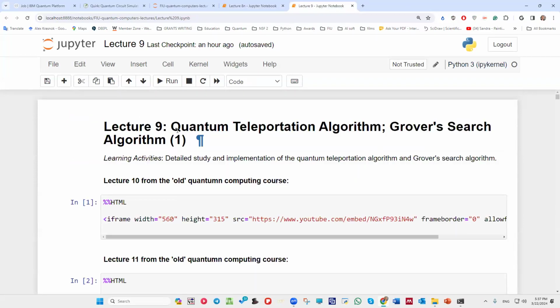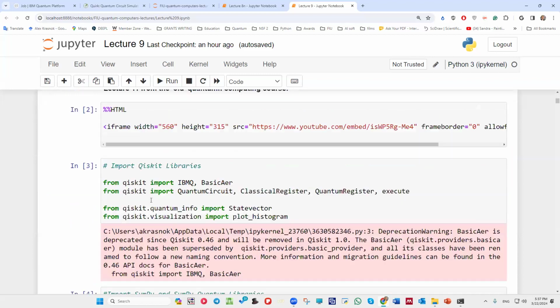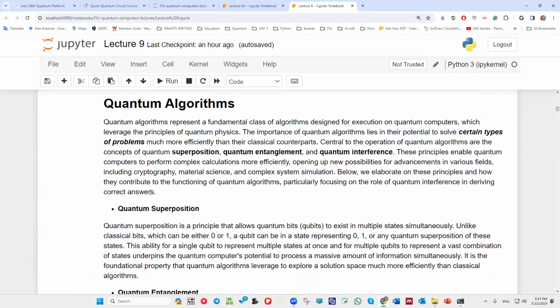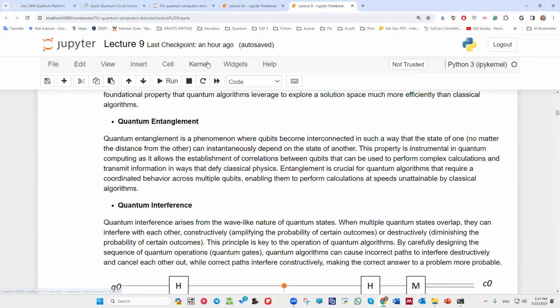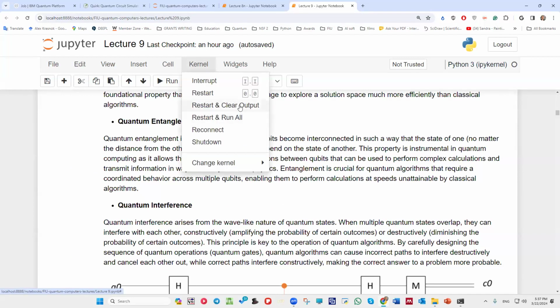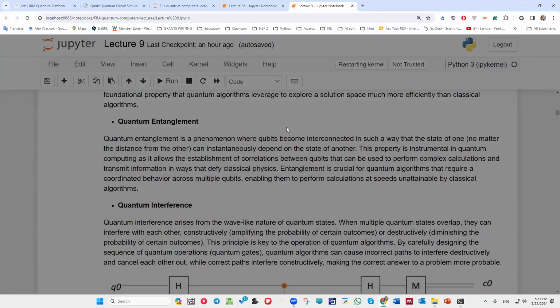And today we transition to the discussion of quantum algorithms. So first, let me restart and clear all outputs.